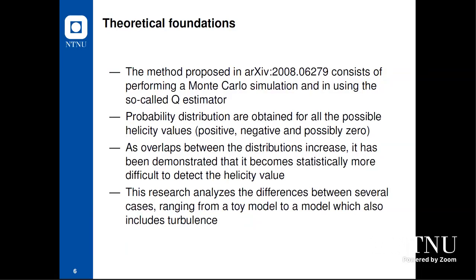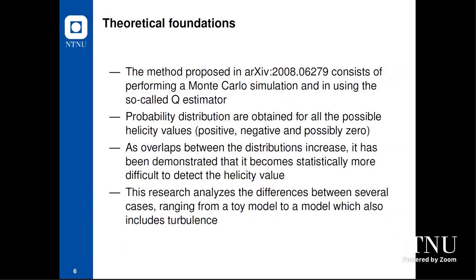This procedure is repeated many times, for example, 500 times, 1000 times, and this is basically performing a Monte Carlo simulation. So the simulation is performed several times. Several values for the Q estimator are obtained, and in this way, a distribution of probability for the positive helicity, the zero helicity, and the negative helicity are obtained.